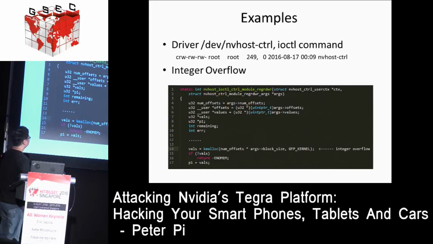The number of sets and the block size are input from user space. The multiplication can cause the integer overflow, and the integer overflow will cause kmalloc to allocate a smaller buffer than we want.